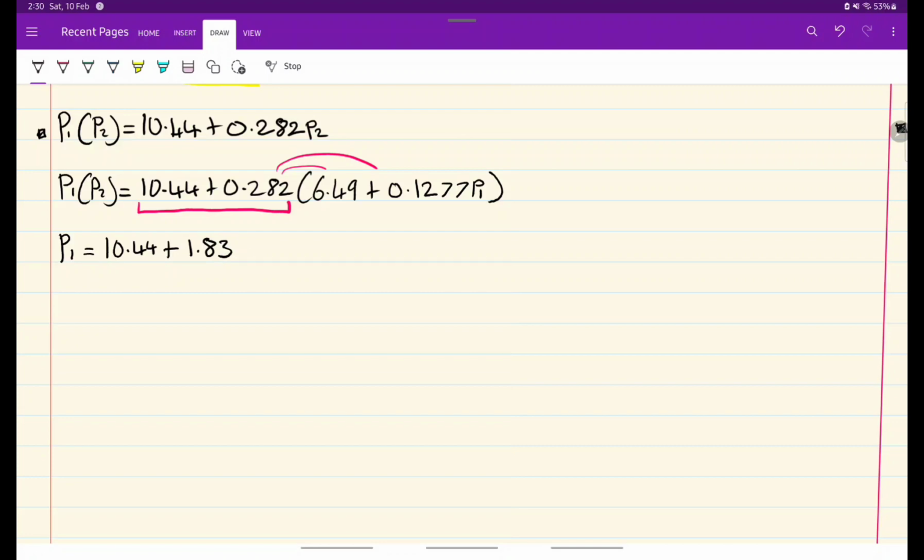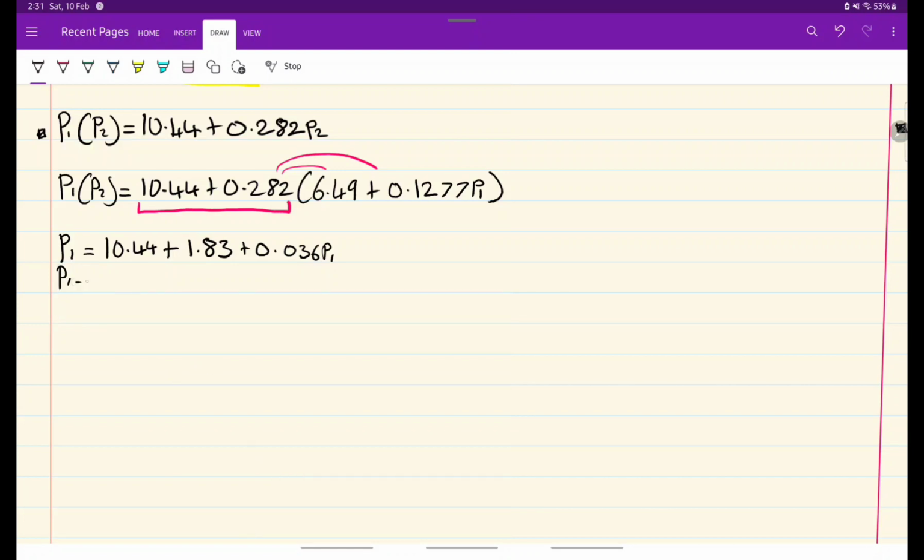I'll just do it in terms of 2 decimals. 0.82 times 0.1277. That is our, okay, just broke my rule there. P1. Solving through for P1. P1.